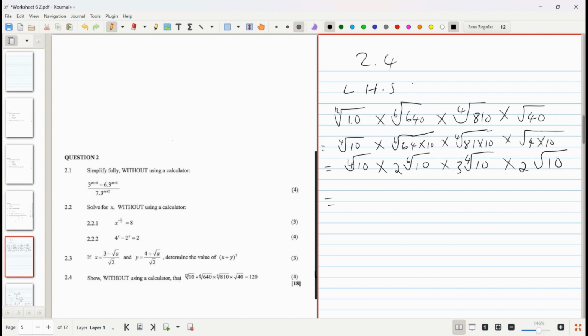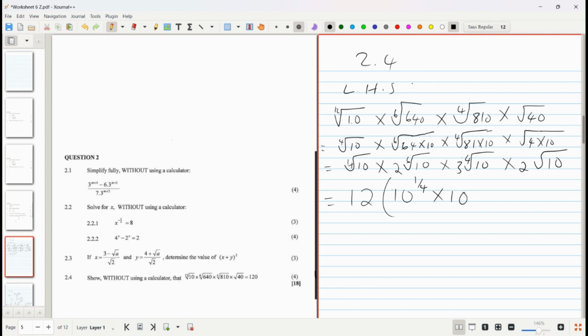So we have 12, right? We also need to multiply the numbers in the roots, but we can rewrite these in terms of exponents. The 12th root of 10 can be written as 10 to the power 1 over 12 multiplied by 10.